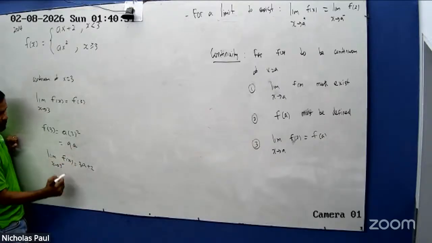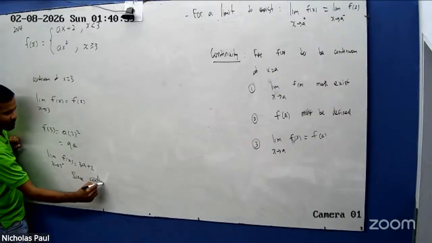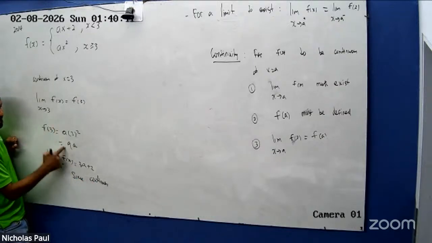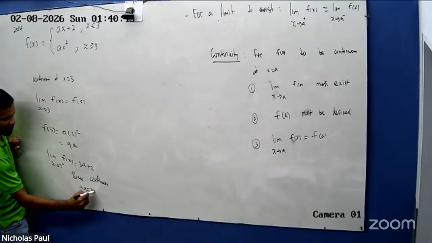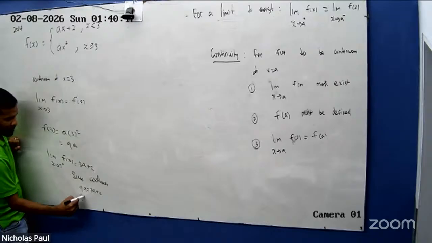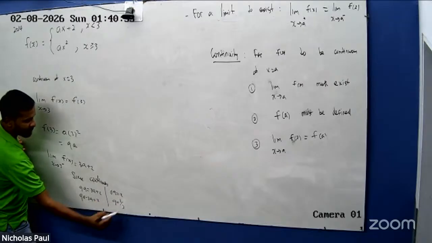We know these two. Since it's continuous, we know that these two things have to be equal. Right? We know that 9a has to be equal to 3a plus 2. 9a minus 3a is 2. 6a is 2. a is 1 over 3.